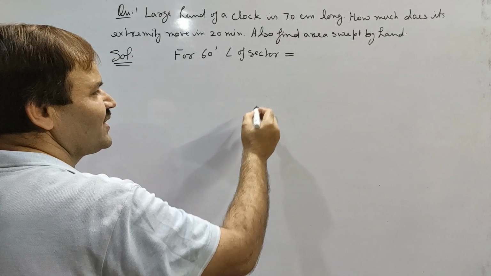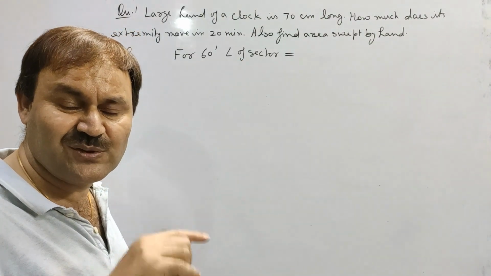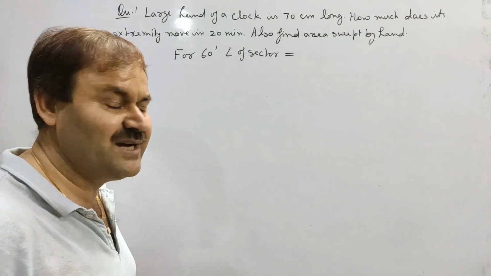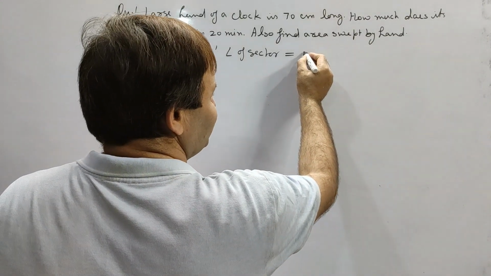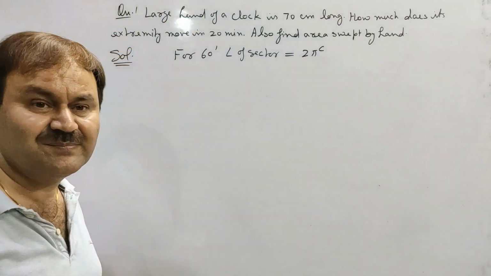Say we are considering the angle in radian. 60 minutes means complete revolution, and for complete revolution of the hand the angle subtended at center will be 2 pi radian.